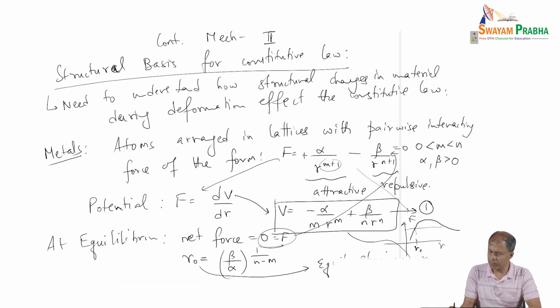If we solve this potential problem, we see that at the point of equilibrium spacing, the potential becomes the minimum. So the minimum is the stable equilibrium of the system. Okay, so then let us say we typically want to find the stress acting on the lattice of these atoms.